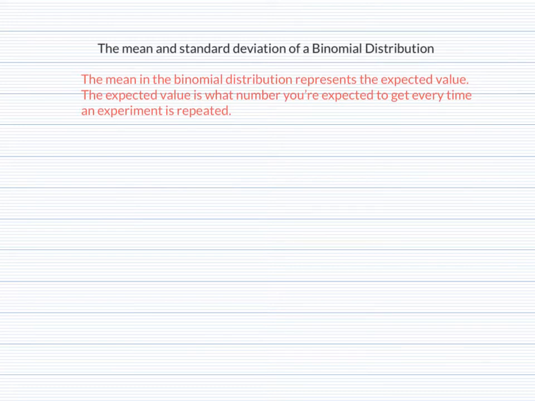So let's look at the formulas for the mean and the standard deviation. All right, here are our 2 formulas for the mean and standard deviation of the binomial distribution. The first formula for the mean, or our expected value, is equal to n, the number of trials, times p, the probability of success. Very simple formula. It's just n times p.